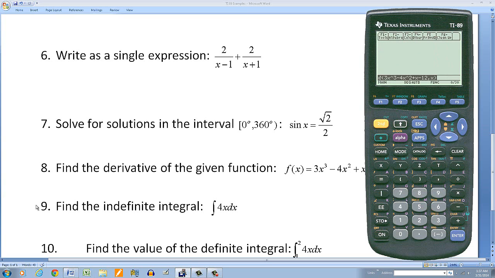Okay, number 9, it says find the indefinite integral. That's just the opposite of the derivative. Okay, so I want the integral of 4x. These are all basic problems, but it can do a lot more or work a lot more complicated problems. These are just very basic that I'm doing now.